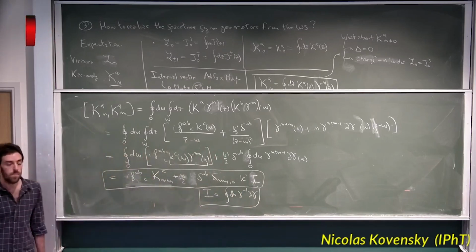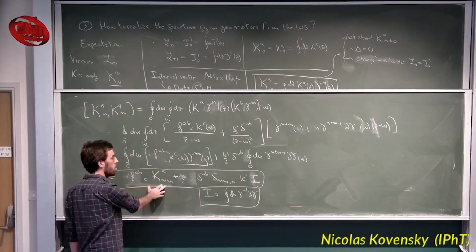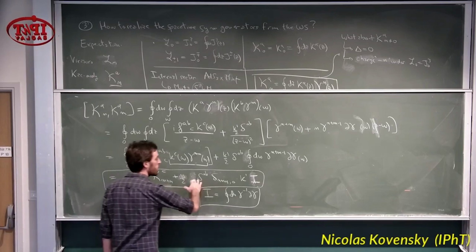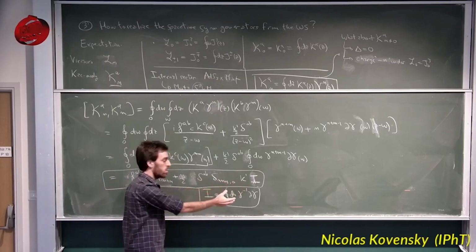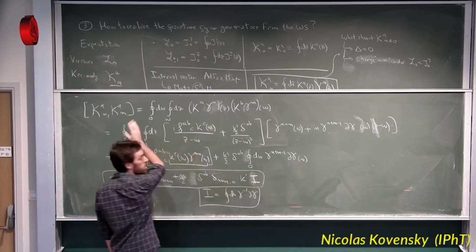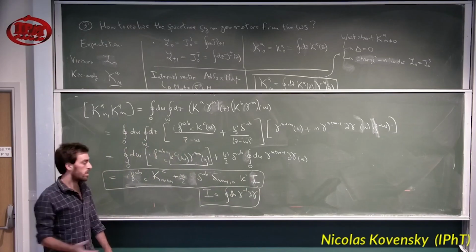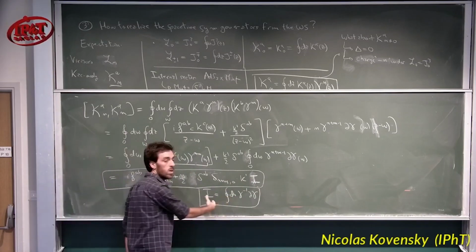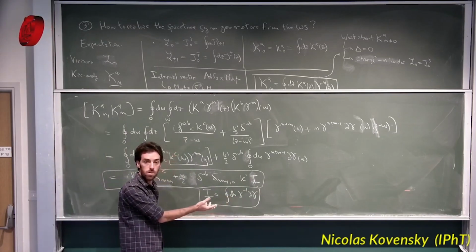Right? So the first part is exactly what I need, and this is exactly the central extension I need. You can check that this guy commutes with everything else, so it's a central extension. But the question is, what's the value? What's this exactly?